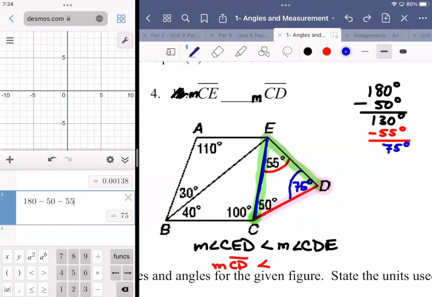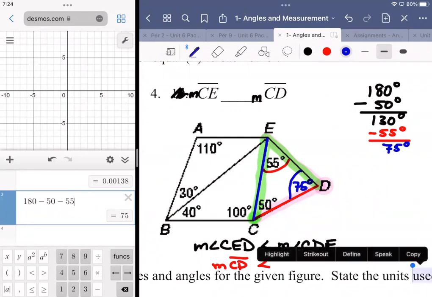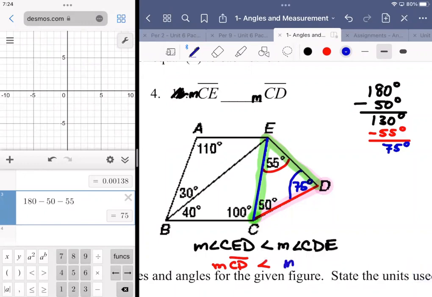I'll blue it up. So that's the measure of side CE. So CD is smaller than CE, but again, you look at how they ask the question. They want to know the relationship between the measure of CE, then CD. Well, if CD is smaller than CE, then CE must be bigger than CD.